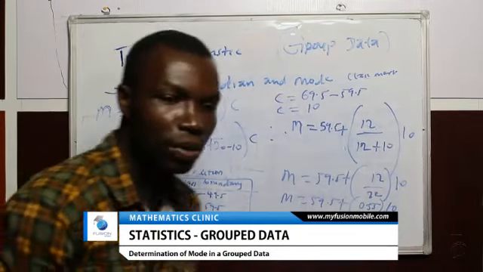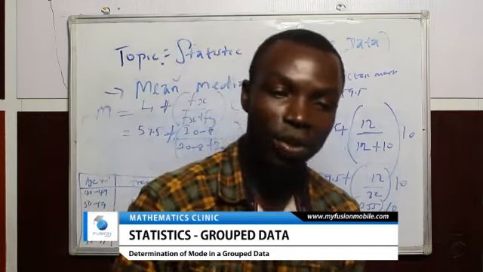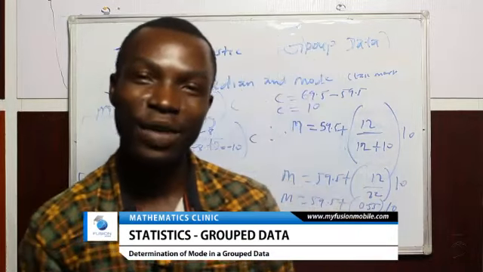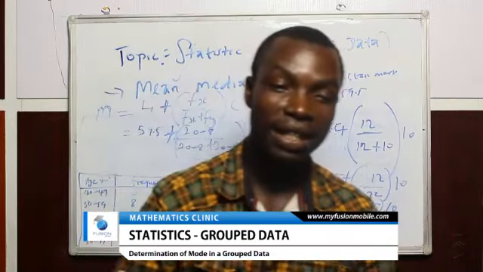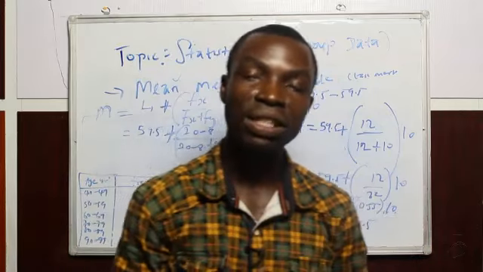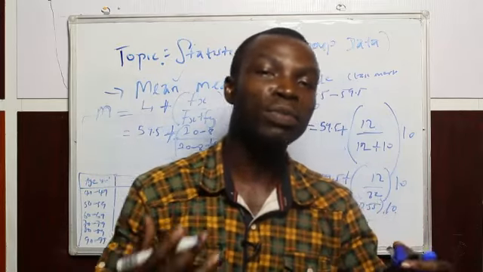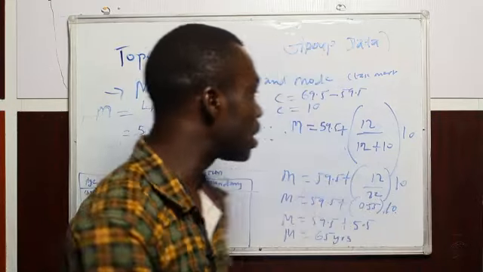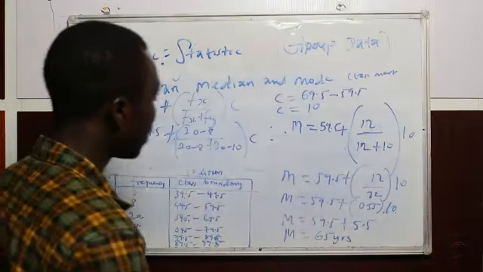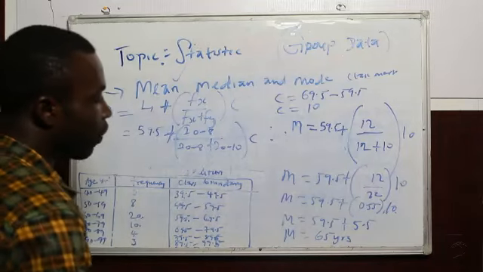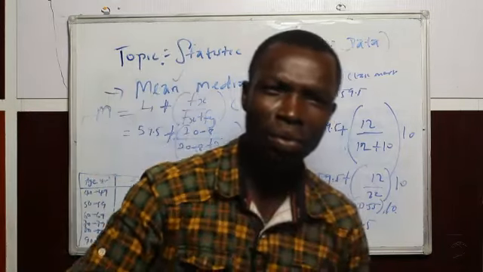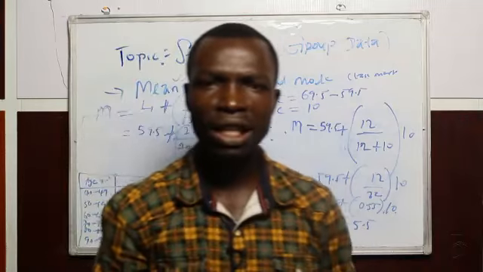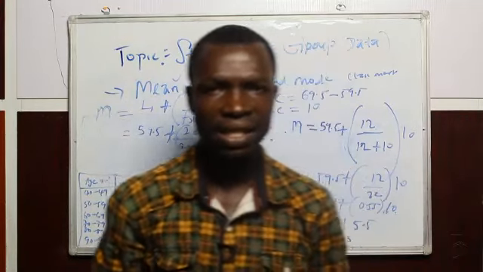In the table that I showed you, the mode is 65 years. Many of us will look at the first age group I gave you, which is 60 to 69, and go and choose 60. No, we have to find it by using this formula, which gives us 65 years.